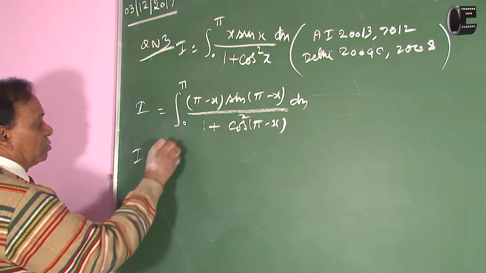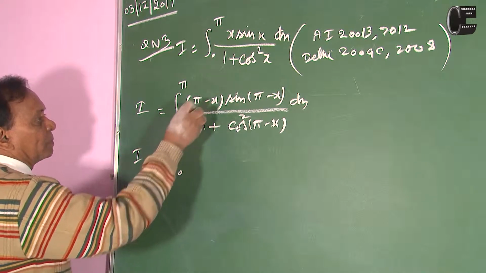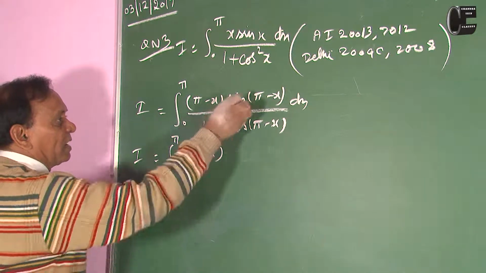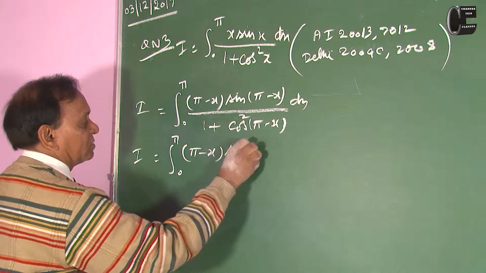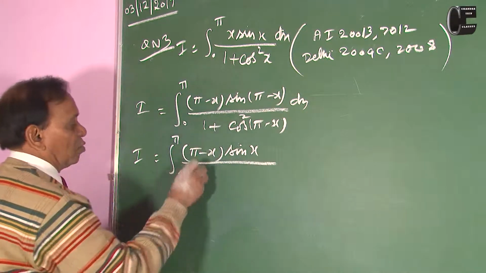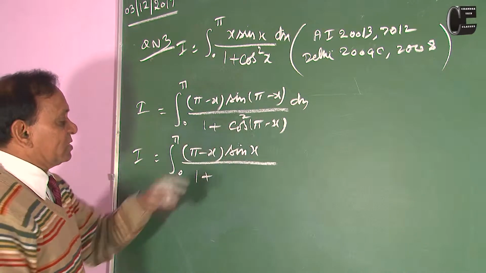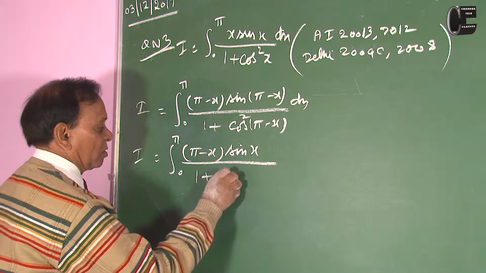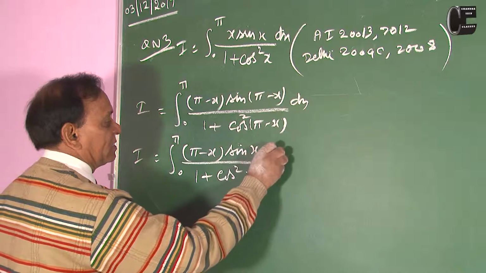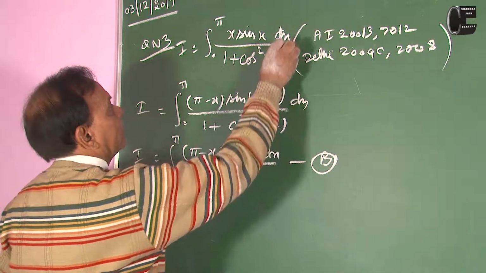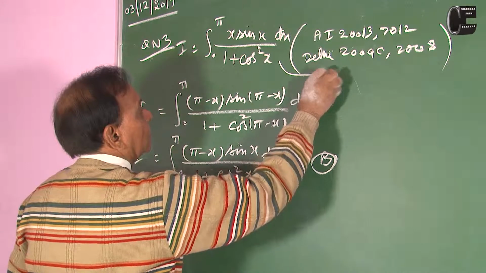That is, pi minus x times sin x, divided by 1 plus cos square x, since cos of pi minus x is minus cos x and its square is the same. Suppose this as b, this as a. Add them.